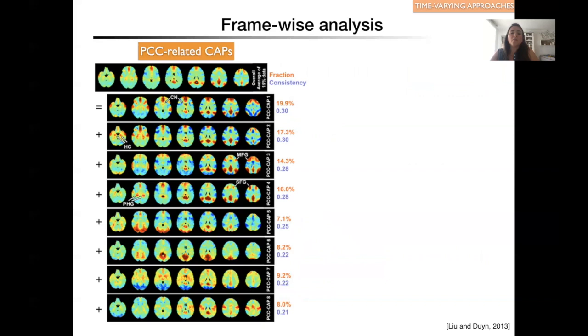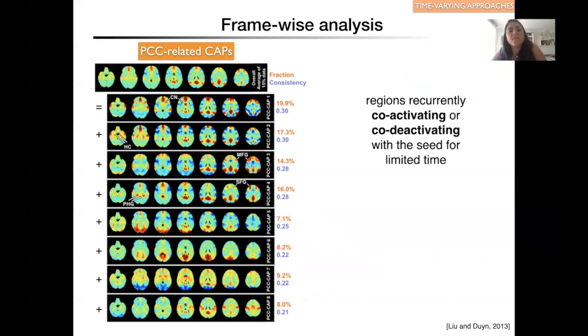And with this method, co-activation patterns include regions that recurrently co-activate or co-deactivate with the seed, but for a limited amount of time. So the difference with previous methods that we saw is that here we can also see patterns that really refer to events of very short duration, and that in this case wouldn't be averaged out.